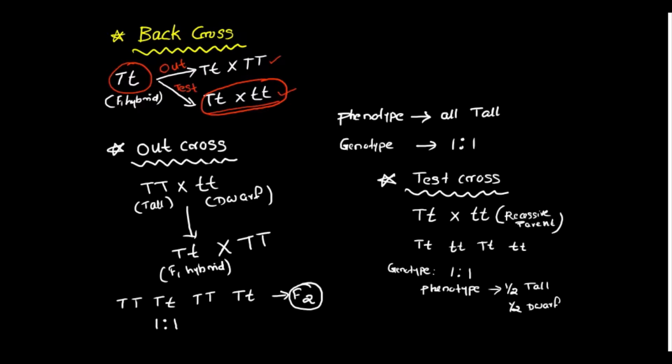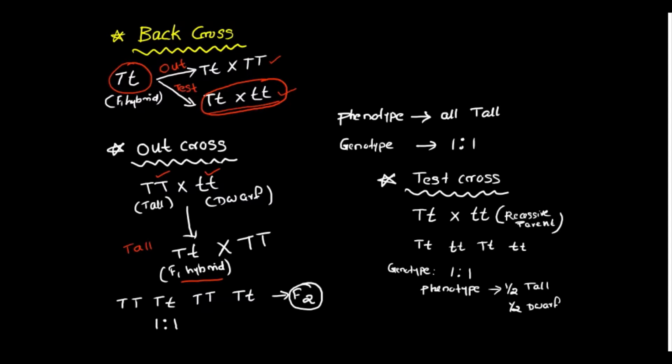So in monohybrid cross, we are crossing pure breeding tall plant with pure breeding dwarf plant, and we will get capital T small t as F1 hybrid. The phenotype is tall and the genotype is capital T small t. So in outcross, we will cross this F1 hybrid with homozygous dominant parent.